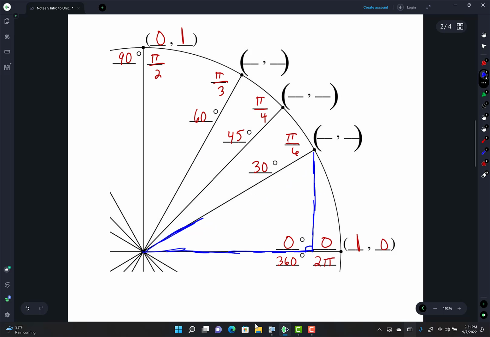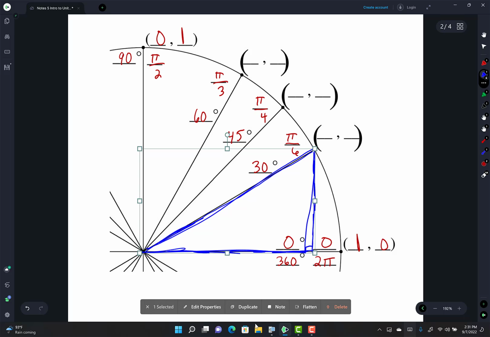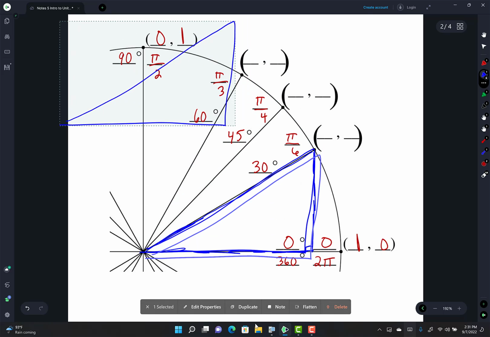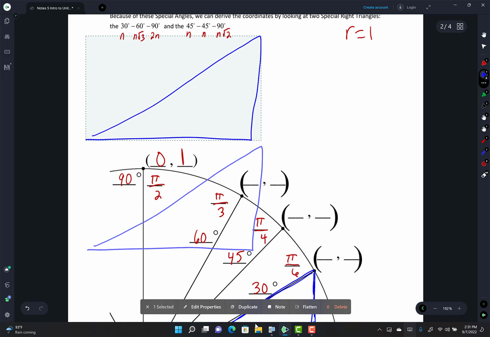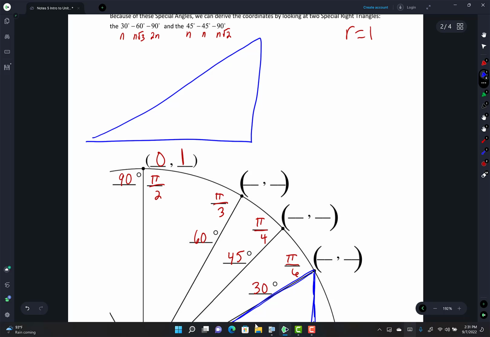I wanted to use technology to copy it and paste it, but maybe it'll let me if I just do it in one swing. Yay, it did it. Duplicate. Okay, there's my triangle. I'm going to put it over here.